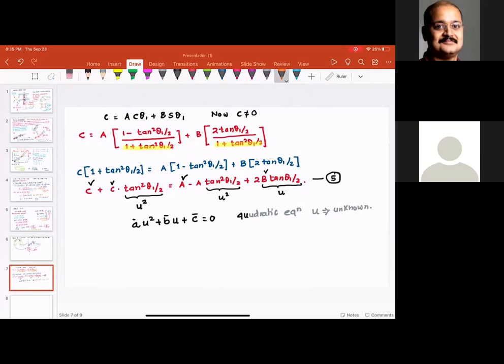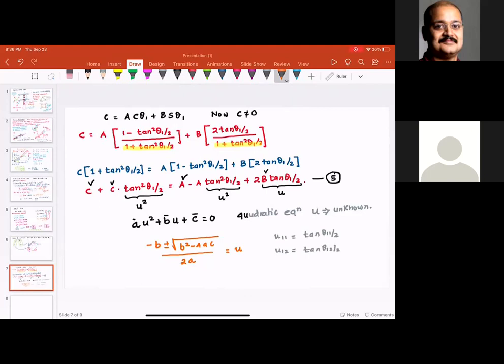So I can solve this equation with the formula minus b plus minus square root of b square minus 4ac divided by 2a and find out the values of u. Since it's a quadratic equation, it will have two roots. So I'm going to have the values u1,1 and u1,2. I represent these as tan theta 1,1 by 2 and tan theta 1,2 by 2.